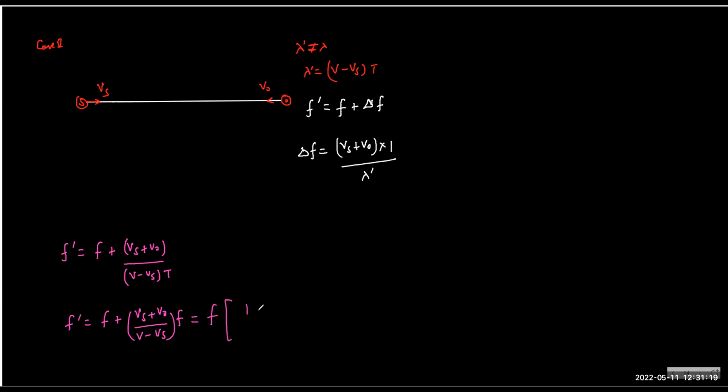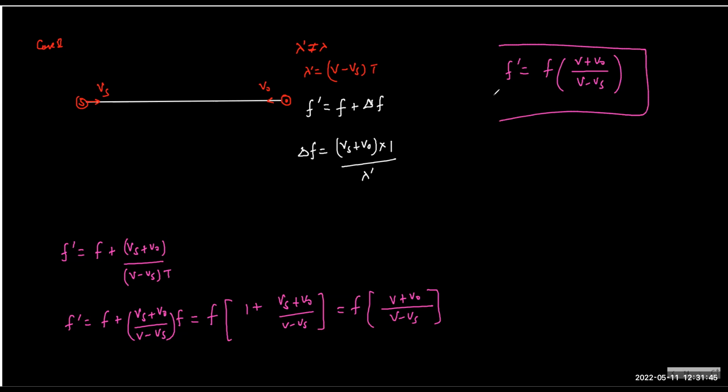So we get 1 plus... and if you take the LCM, Vs will cancel out, and what we get is V plus V naught. That's a very famous answer. So the apparent frequency will be F into the sum of velocities in the numerator and the difference in the denominator, like this. Now, if I ask you to find delta F from this formula, it's difficult to find.